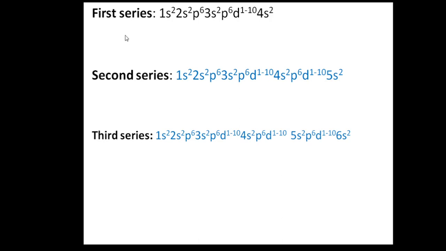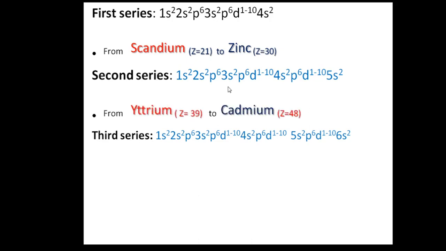The first transition series starts with scandium and ends with zinc, and the atomic number of scandium is 21 and of zinc is 30. The second transition series starts with yttrium, where the atomic number is 39, and ends with cadmium, where the atomic number is 48.